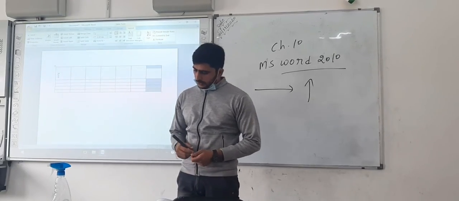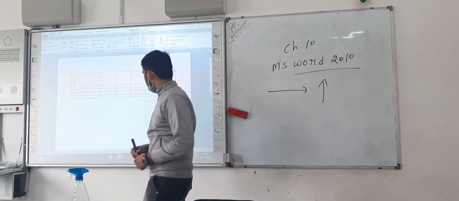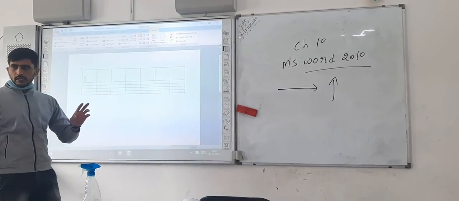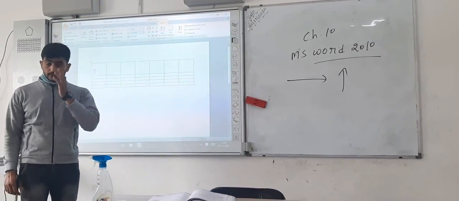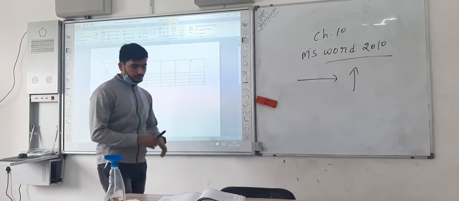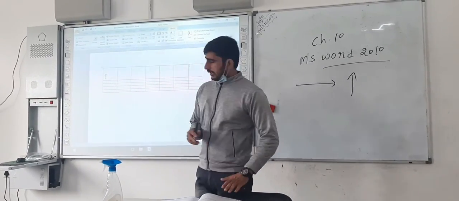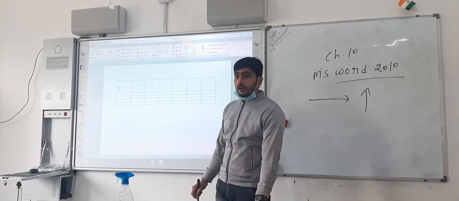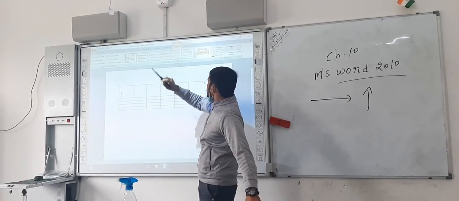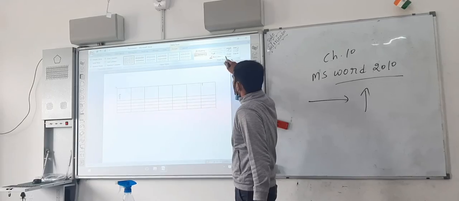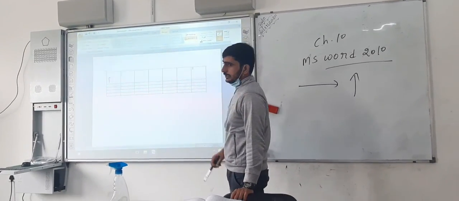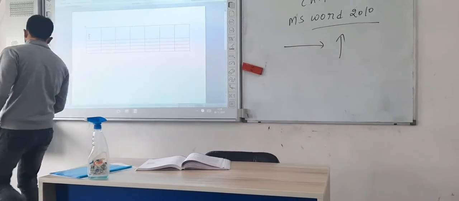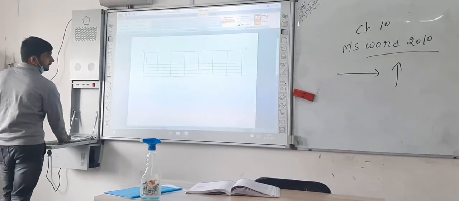I have already told you, you can do that with these options, whichever you want to select. And if you want to erase a table, I have already told you about that. Go to Design, and here you can also find the Draw Table option, number 3.